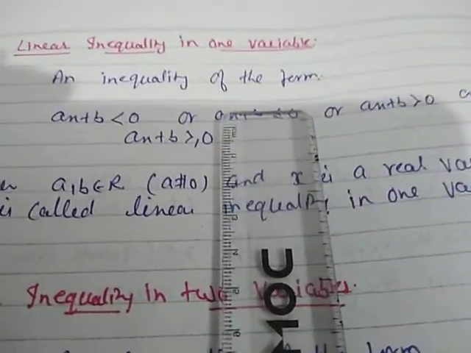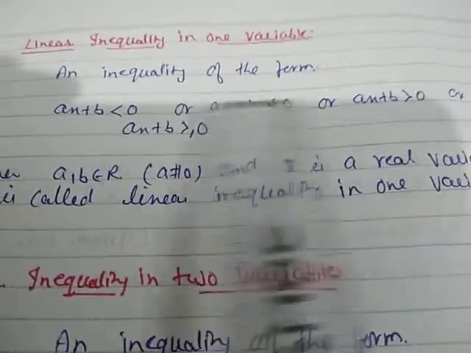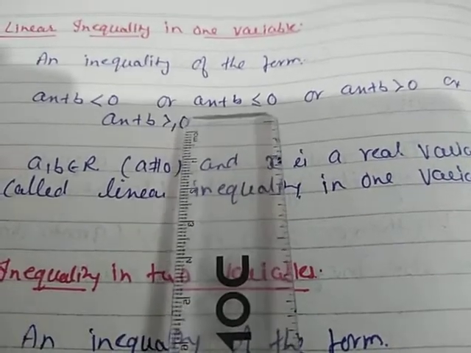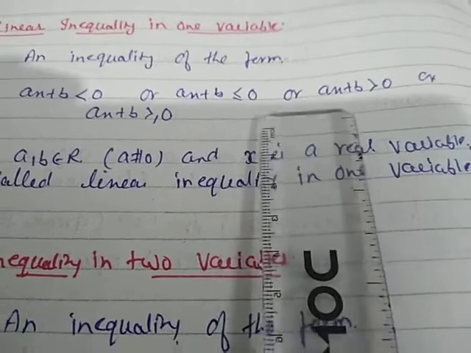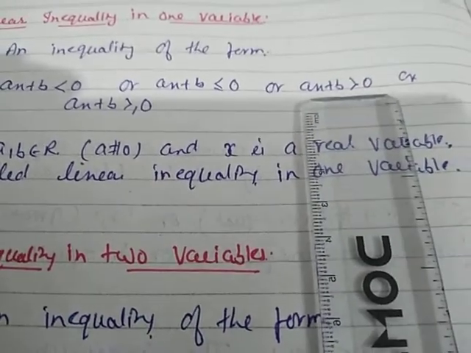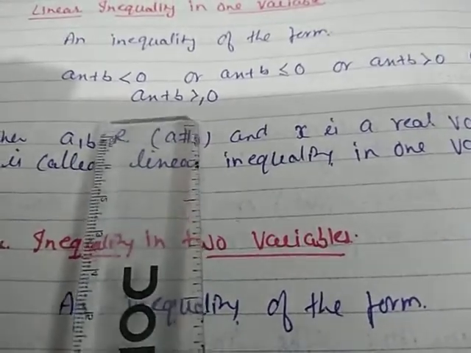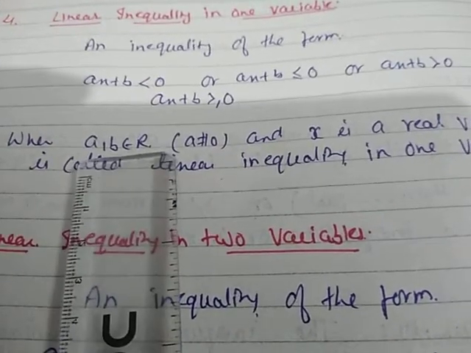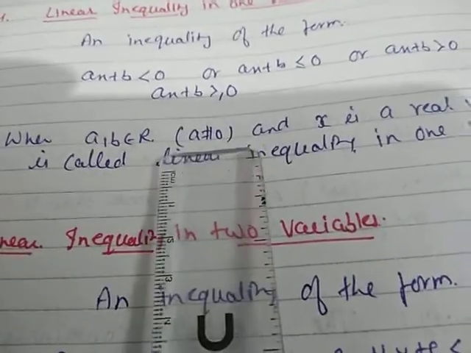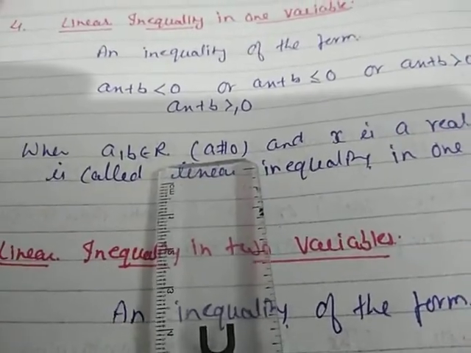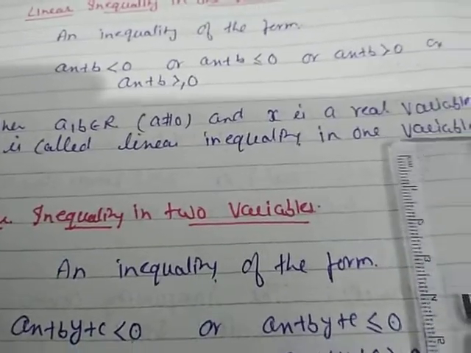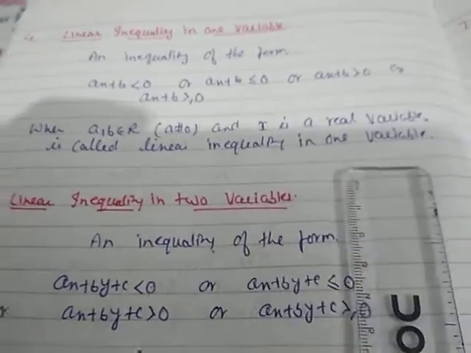The next is linear inequality in one variable. An inequality of the form ax plus b less than 0, or ax plus b less than or equal to 0, or ax plus b greater than 0, or ax plus b greater than or equal to 0, where a and b belong to R and the mandatory condition is a is not equal to 0 because it is linear form, and x is a real variable, is called linear inequality in one variable.